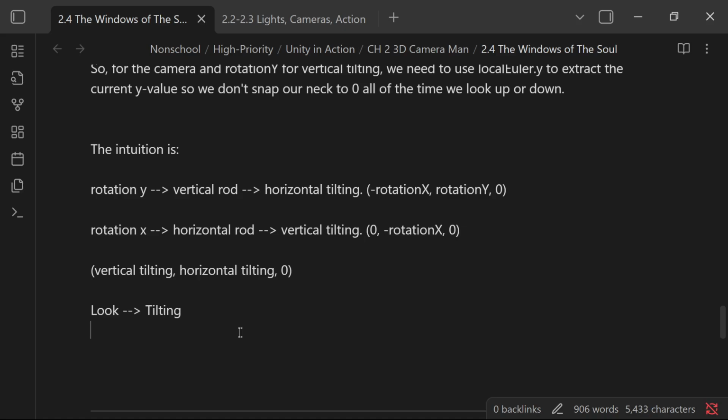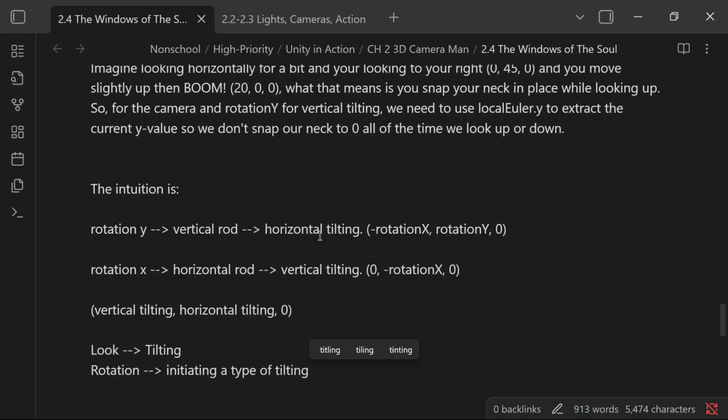And up and down is associated with vertical tilting. And when I say rotation, I just mean initiating a type of tilting. So if I say a Y rotation, I just mean a horizontal tilting. And if I say an X rotation, I just mean a vertical tilting.